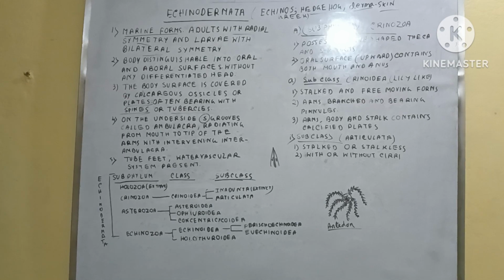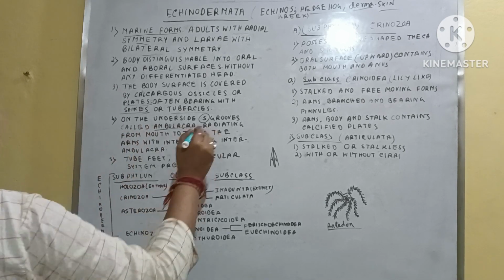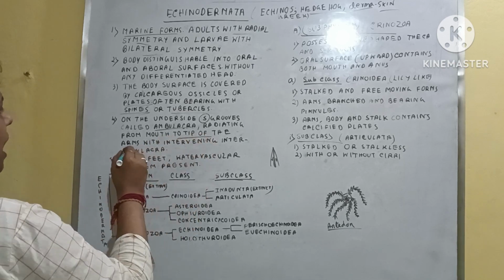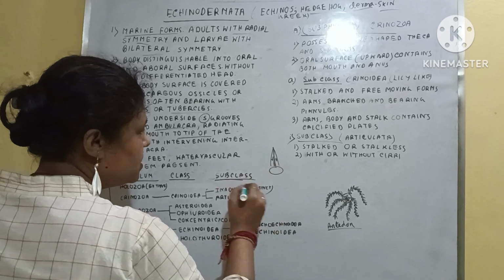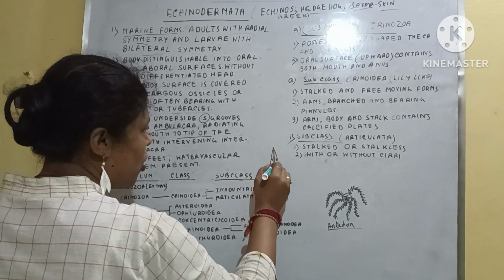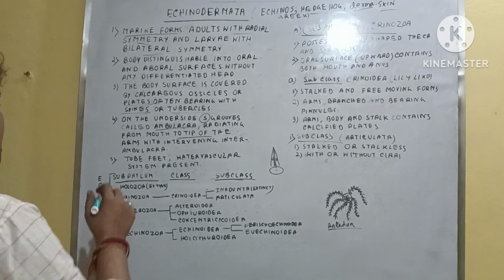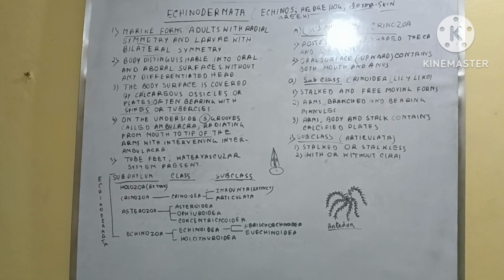Okay, so the groove-like structures are generally called the ambulacra, and they radiate from the mouth to the tip of the arms. Okay, if there is a mouth, that means from the mouth to the tip of the arms, this groove is radiated. Fifth one, tube feet and water vascular system are all present.